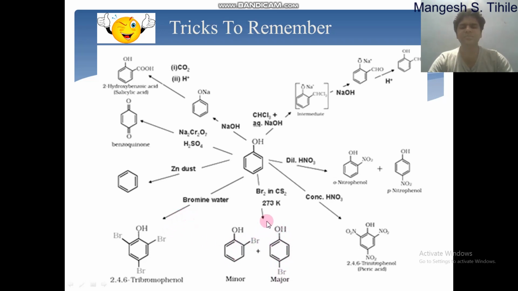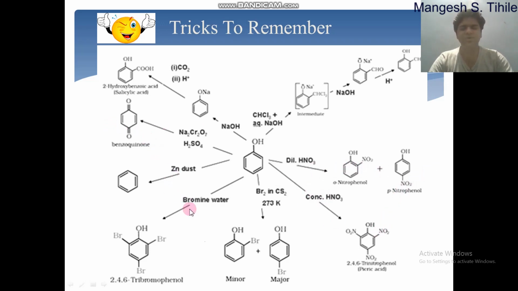Then next, if you do the reaction of a phenol with a bromine water, it results into the formation of tribromophenol. So as you saw here, when you do the reaction of dilute HNO3 with phenol and concentrated HNO3 with phenol, it results in different types of products.